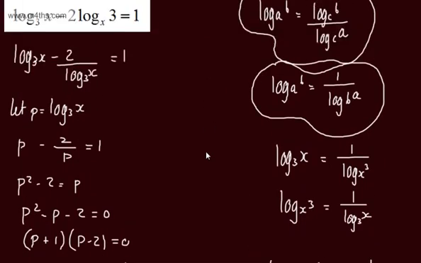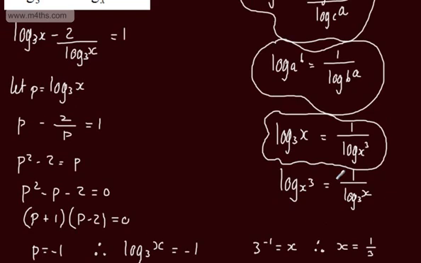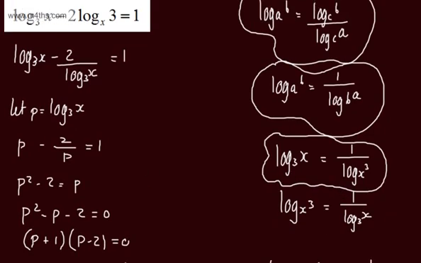But all we've done is a change of base. So this time I've written it like so. Now, we could have gone the other way. What I did here was used this substitution.